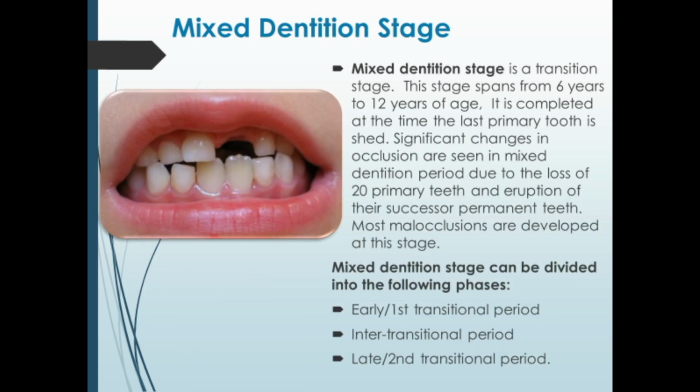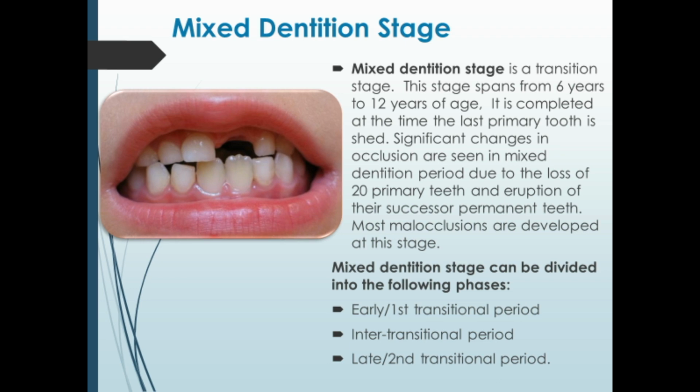Mixed dentition stage from 6 till 12 years. Mixed dentition stage is a transition stage when primary teeth are exfoliated in a sequential manner, followed by the eruption of their permanent successors. This stage spans from 6 years to 12 years of age, beginning with the eruption of the first permanent tooth, usually a mandibular central incisor or a first molar.